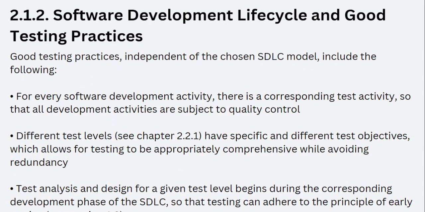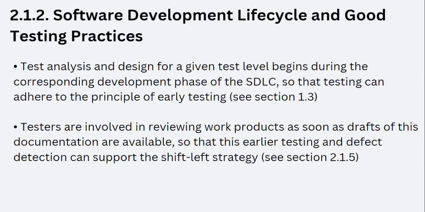Different test levels, which will be discussed in a coming video, have specific objectives enabling comprehensive coverage while minimizing redundancy. Test analysis and design for a specific test level commence during the corresponding development phase of the SDLC, ensuring adherence to the principle of early testing we discussed in a previous video.